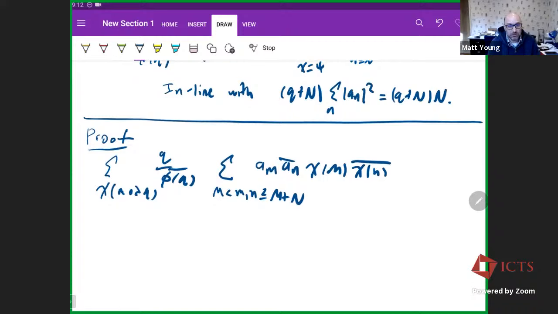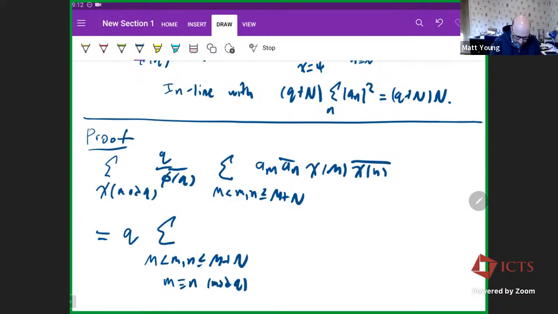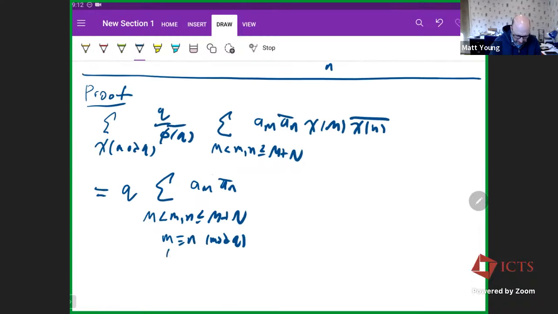Now you just reverse the orders and use orthogonality of characters. So this is going to be q, and then M and N in the same interval, but now congruent mod q. And we should also assume that M and N are coprime to q.